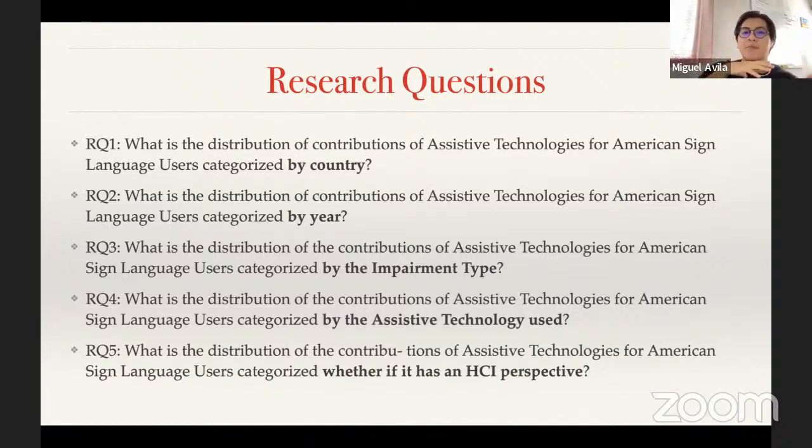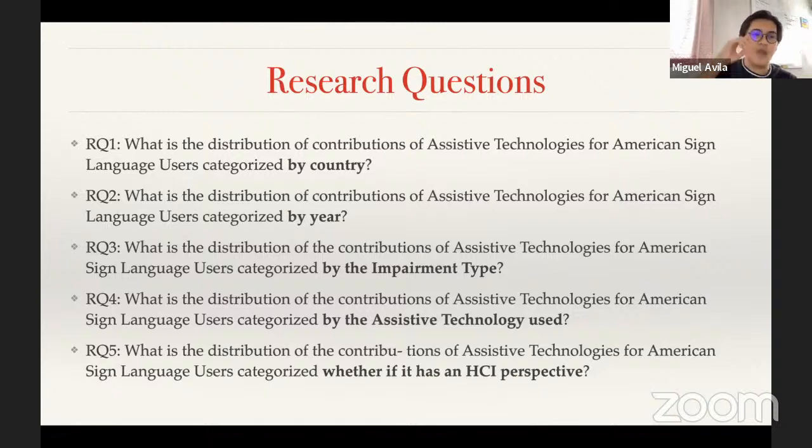What is interesting about this paper, among any other systematic reviews or mapping studies that we researched, is these 5 research questions, because normally these kinds of papers only have 2 or 3 research questions, and they don't have the impairment type categorized, for example, and also none had the HCI perspective categorization or any UX/UI perspective or any human-centered design, basically.